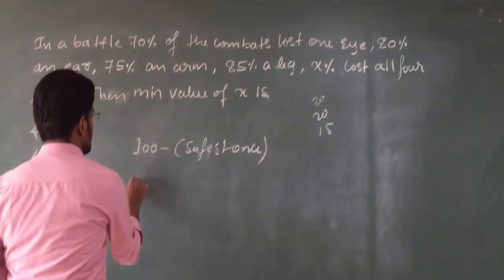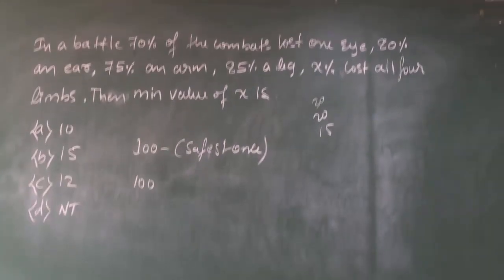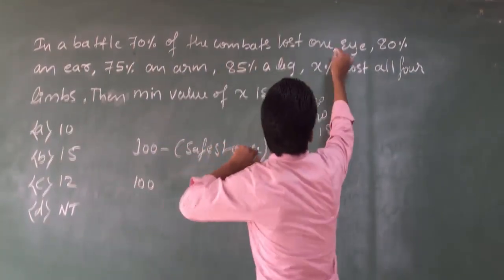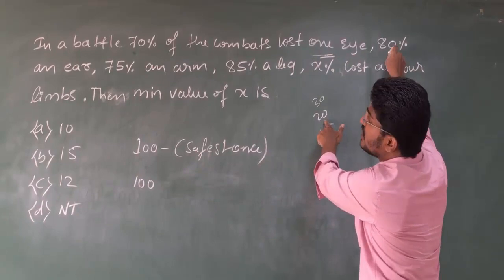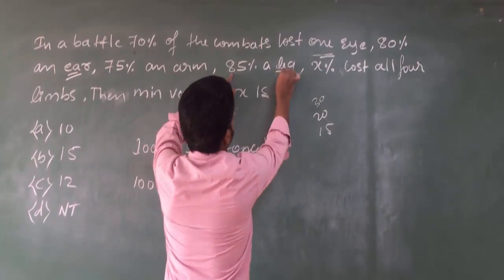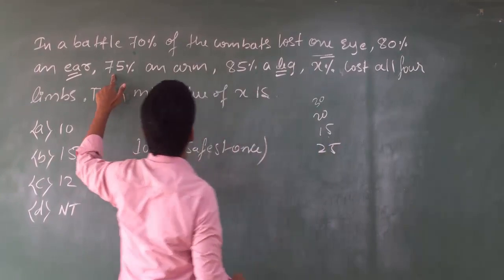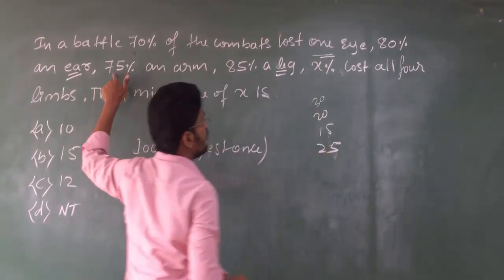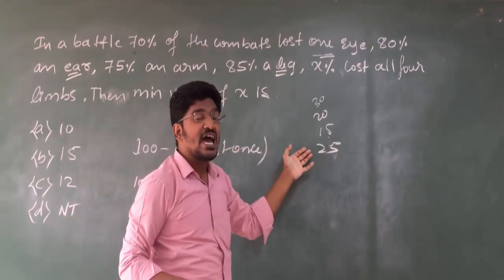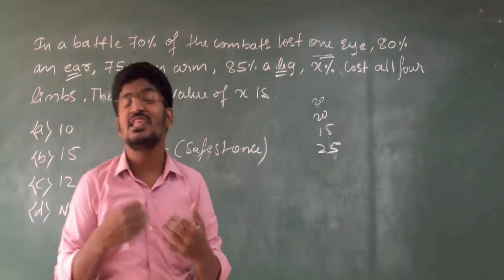So 30% are safe with one eye, 20% are safe with one ear, 15% are safe with leg, and 25% are safe with arm. Clear? These people have not lost all their 4 limbs.